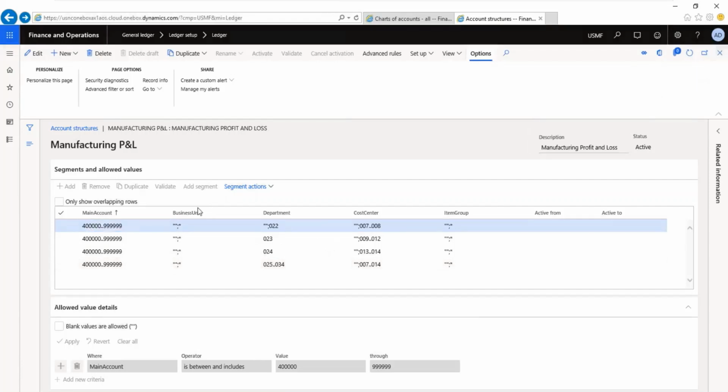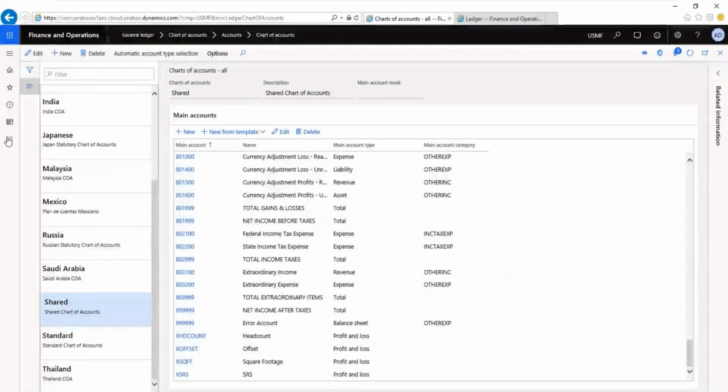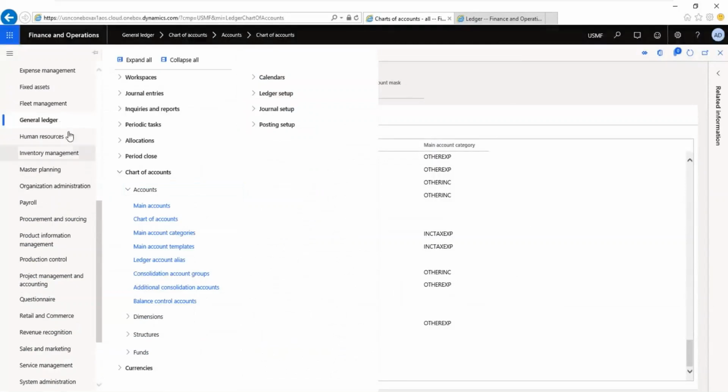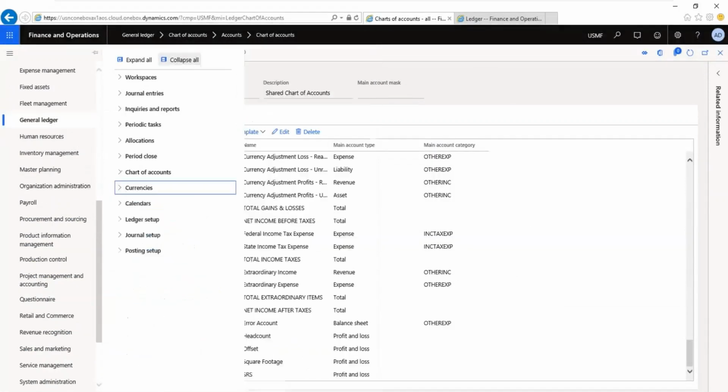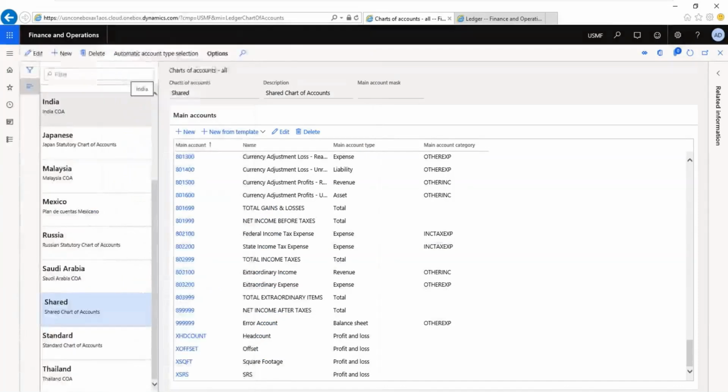Okay. So now when I am posting a transaction, general ledger, journal entries, general journals, I am entering one transaction.